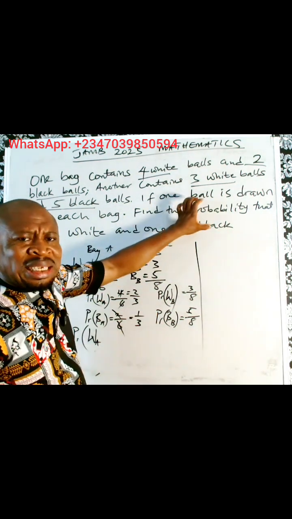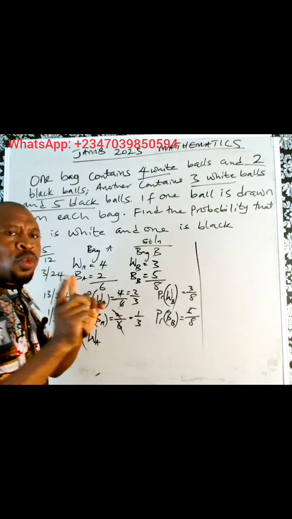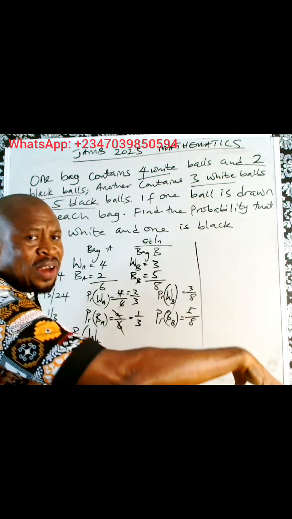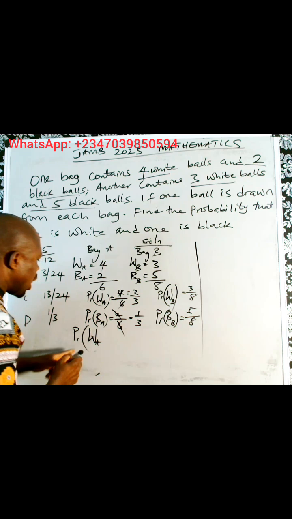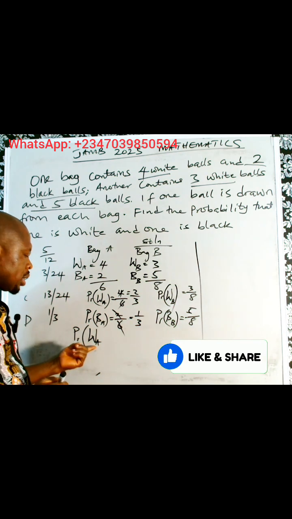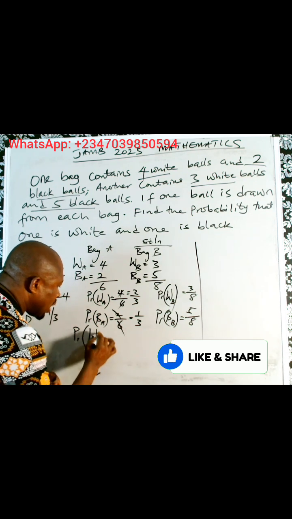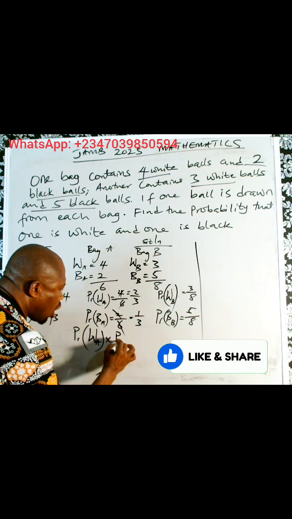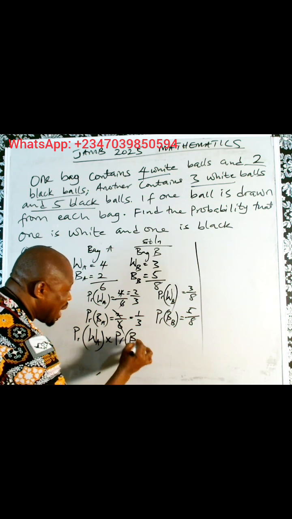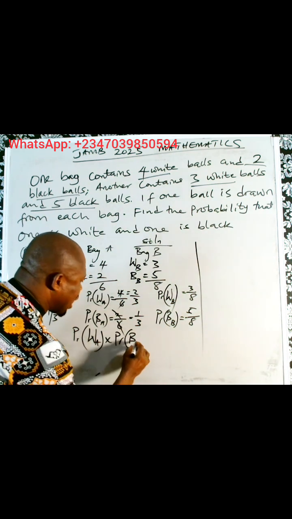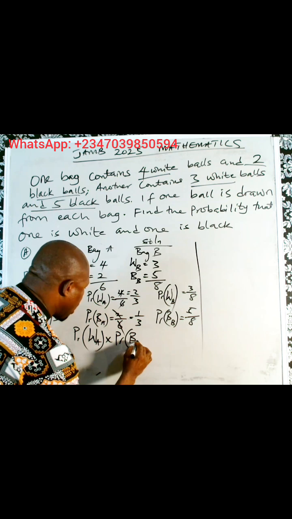Now, to answer this question, we have to get the first case, which is the probability of getting a white from the first bag, times the probability of getting a black from the second. Remember, there are two from the second one.